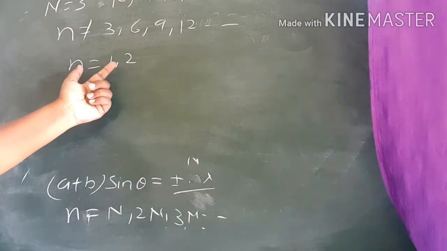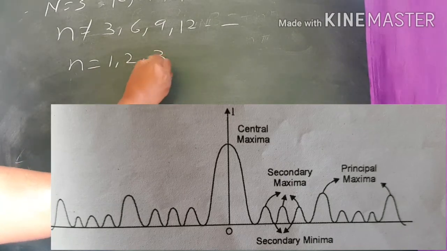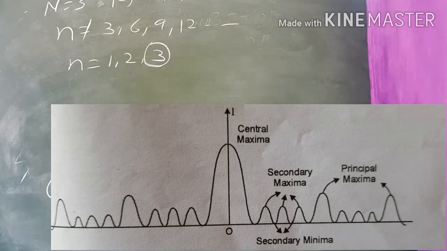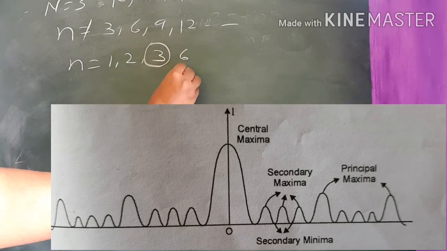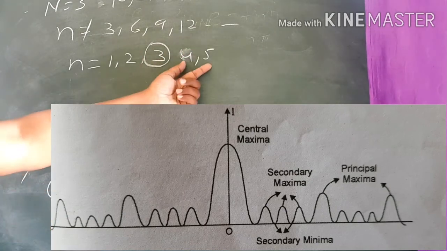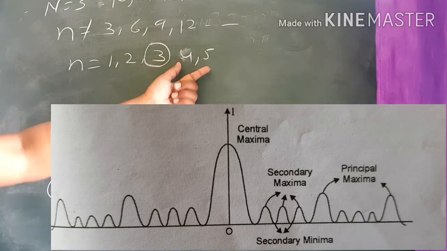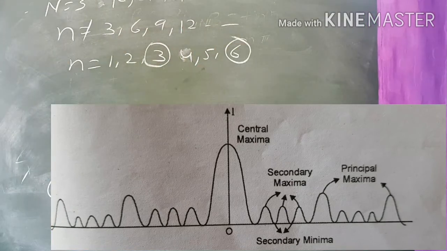So at 1 and 2, these are minima. Then 3, this is principal maxima. Again 4 and 5 are condition for minima. Again 6 is condition for maxima.